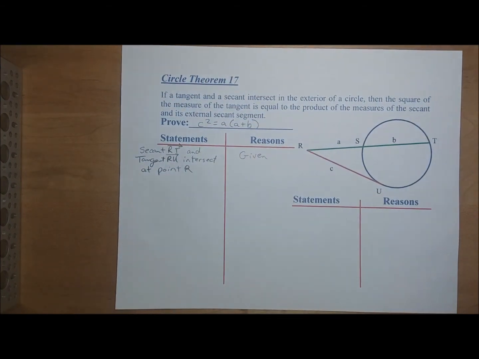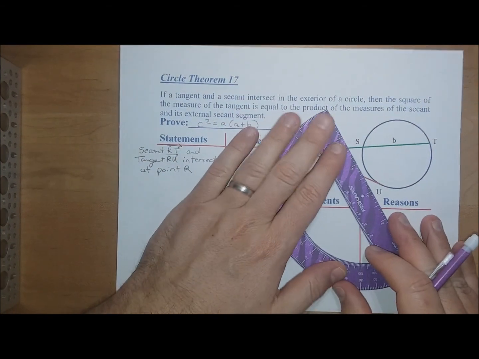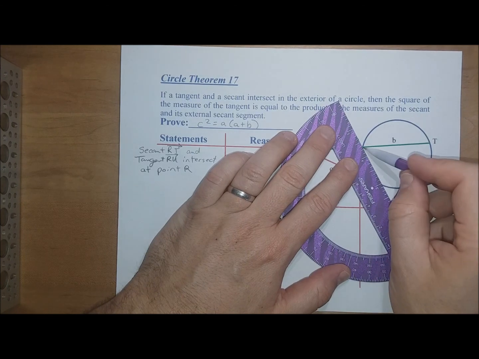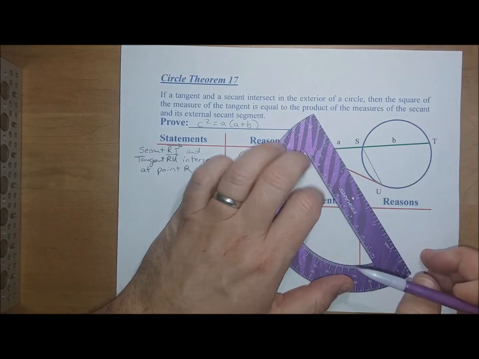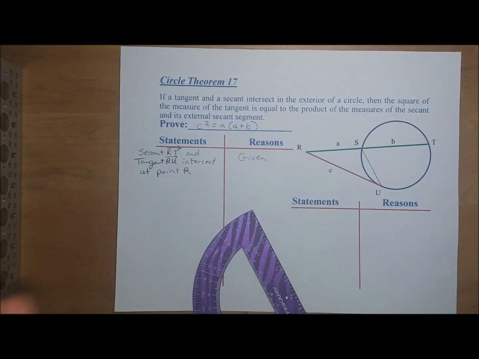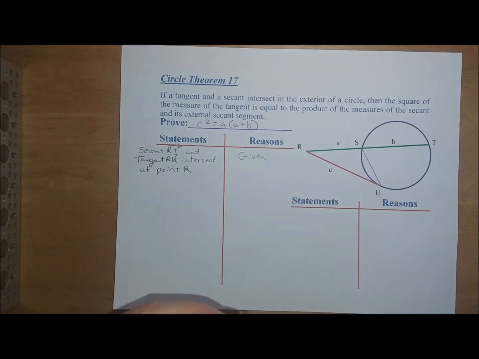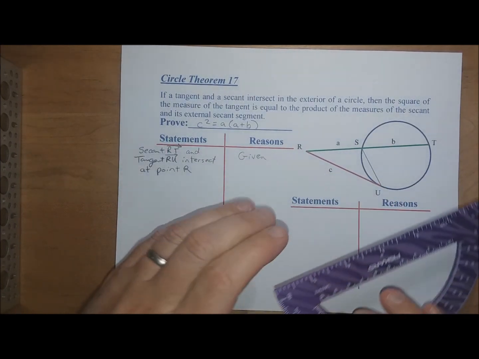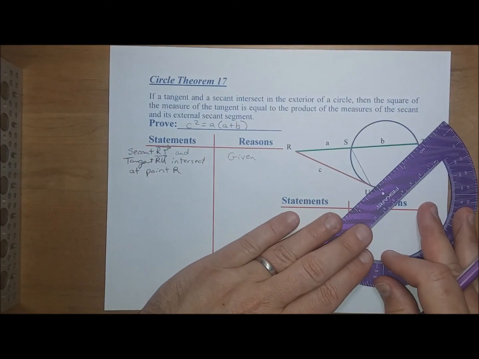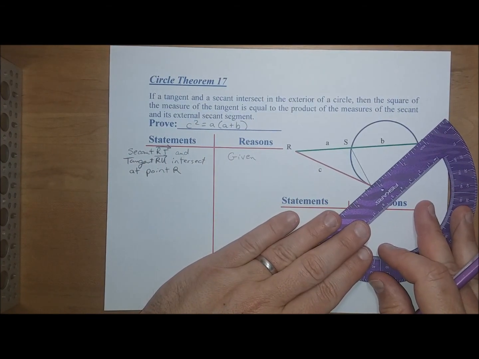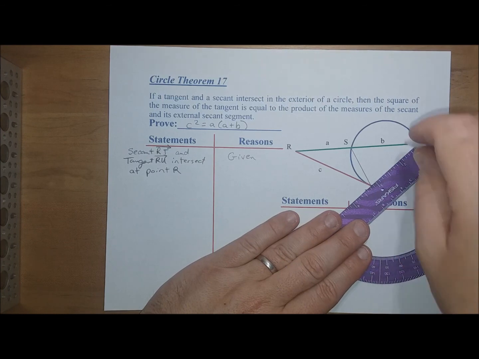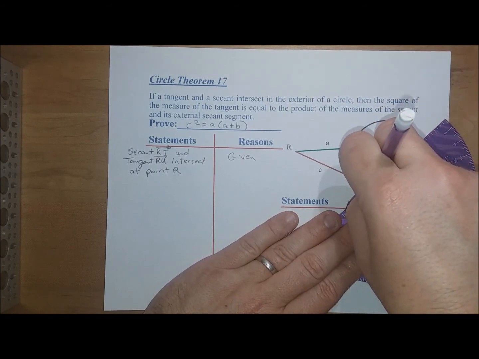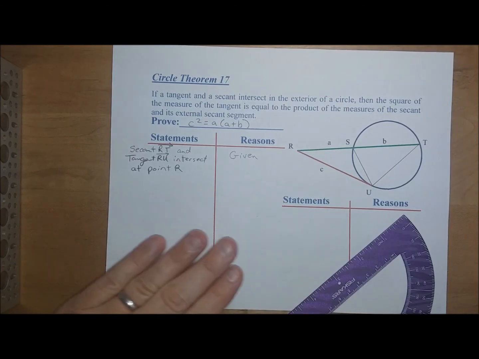So let's try this. I'm going to go ahead and draw this auxiliary line segment SU. Okay. Now I know what you're thinking. Where's my other triangle? Don't forget that tangent. You can think of it as a former secant. As he moved along and got to the point where he was only touching the circle at one point, he became a tangent. But tangents and secants are similar geometric figures.